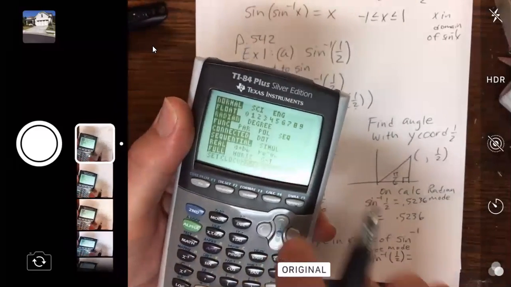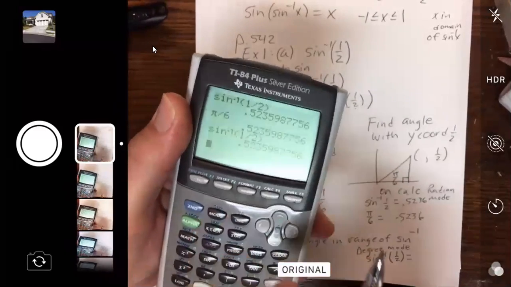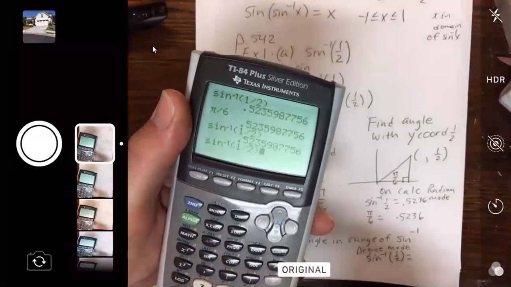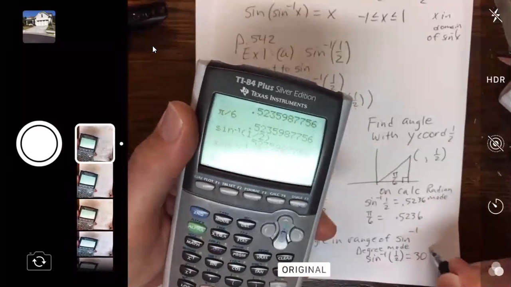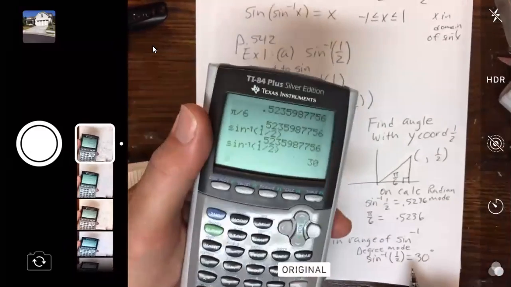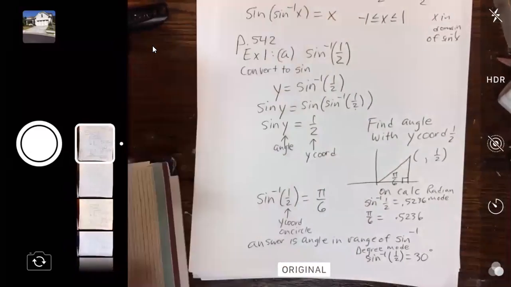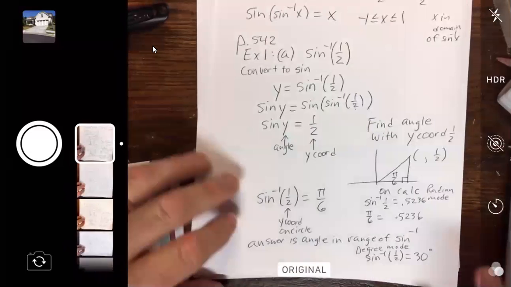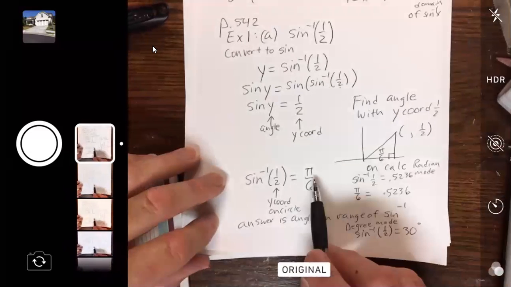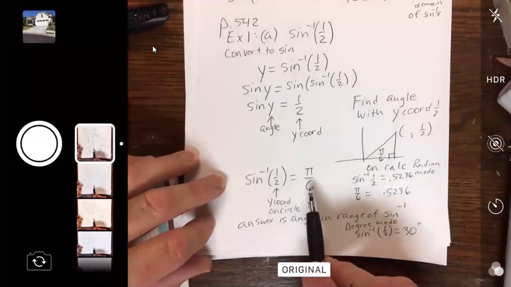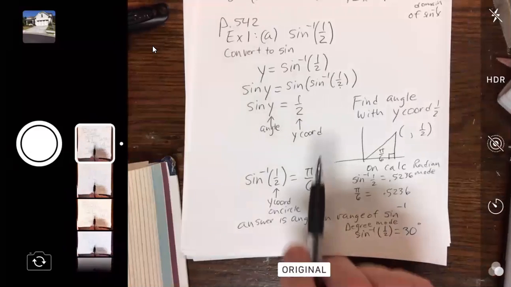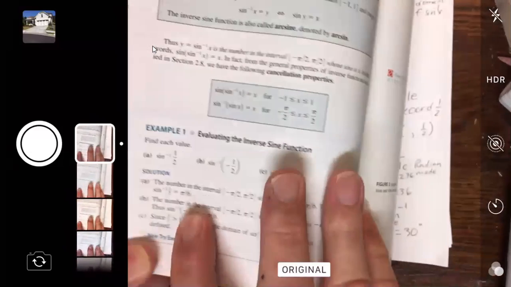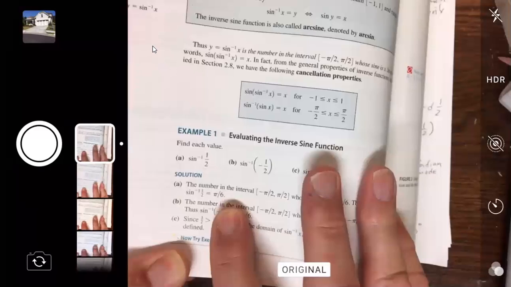Degree mode, arc sine 1/2 gives 30 degrees, which is the degree equivalent to pi over 6. But we generally do these in radian mode, and they usually want the exact values off of the circle. And that's what they show you here. Arc sine of a half, pi over 6.